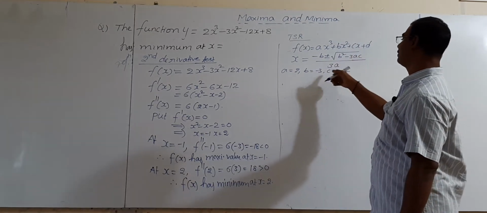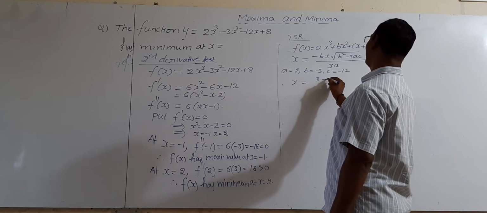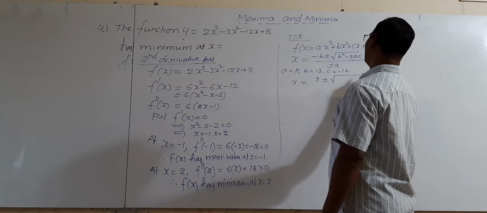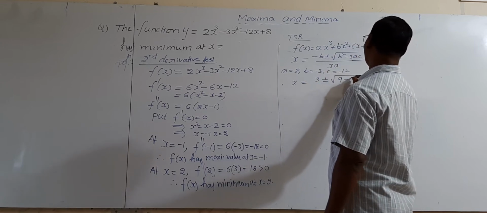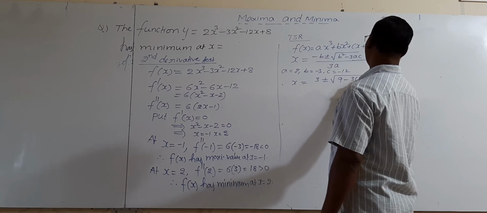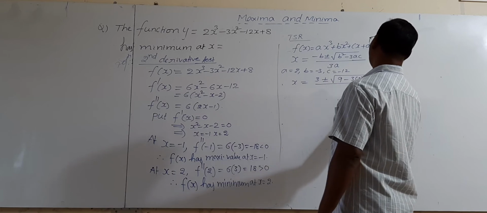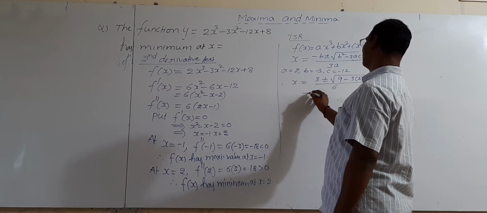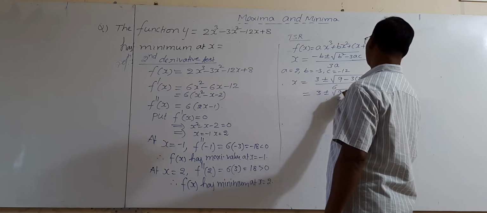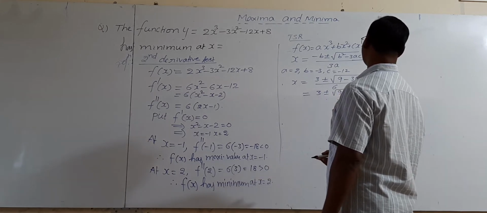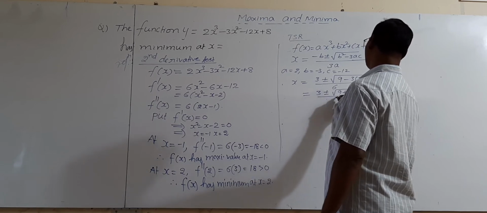So substitute a, b, c only. x is equal to minus of minus 3 plus or minus square root of b square, 9, minus 3 into a value 2, into c value minus 12, divided by 3a, that is 6. This is equal to 3 plus or minus square root of 9 plus 72, divided by 6.